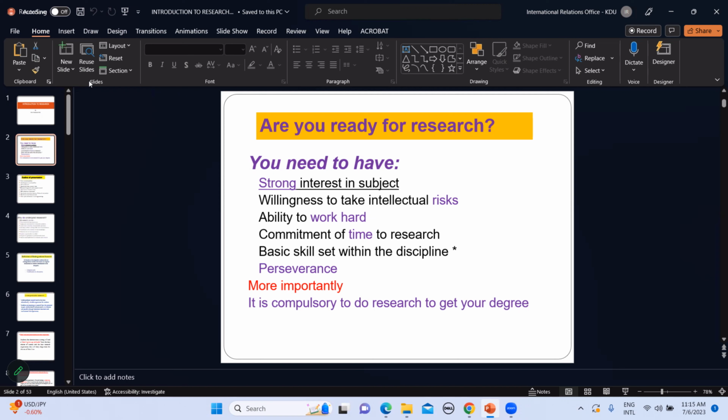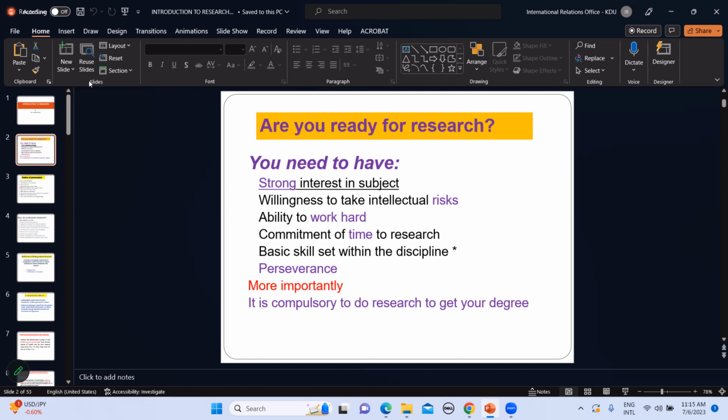Now to do the research, you must have a strong interest in the subject area. For example, you are all ICT students here, right? Then you must have particular interest. Without interest, you cannot do your research, right? Also, you should be able to take some risk.